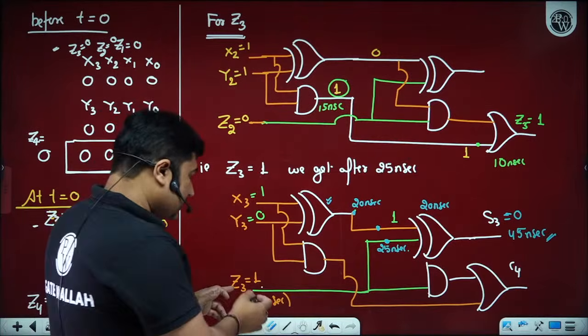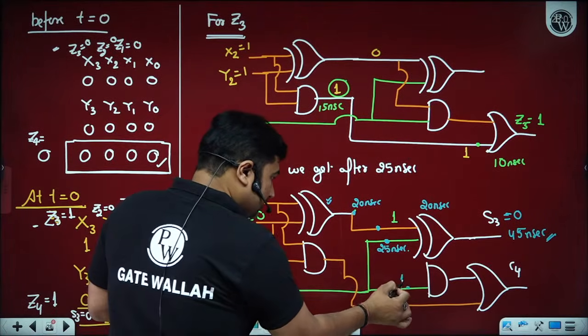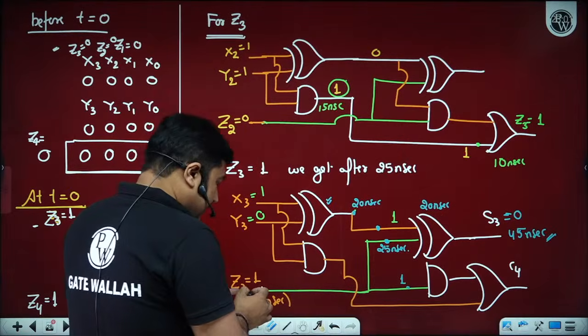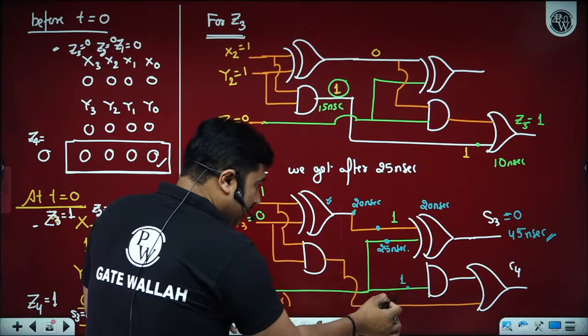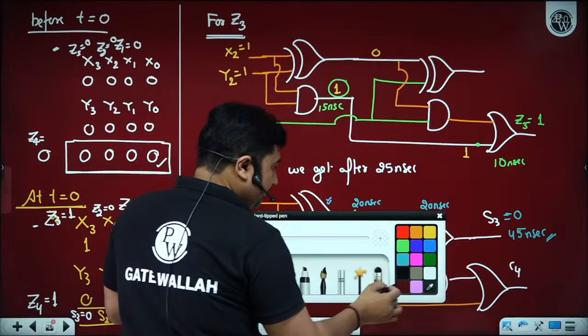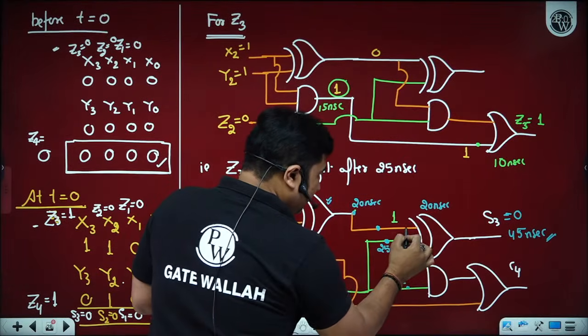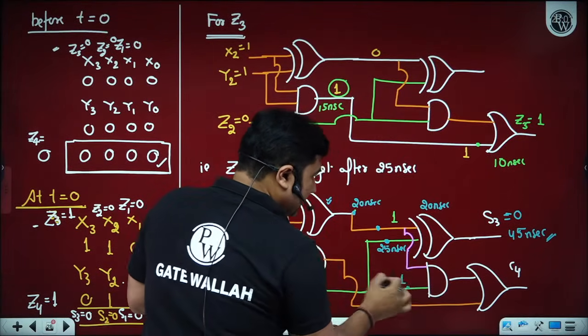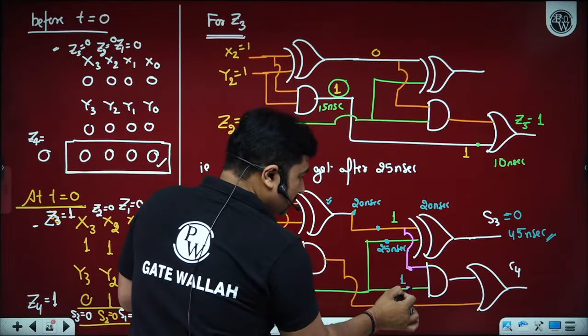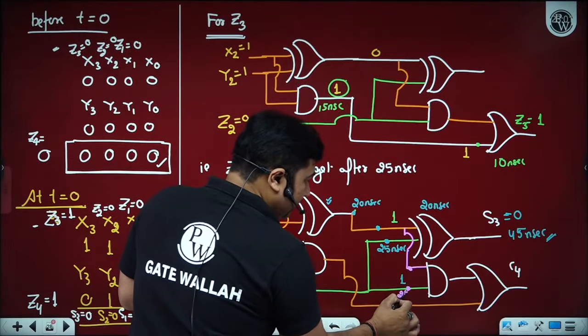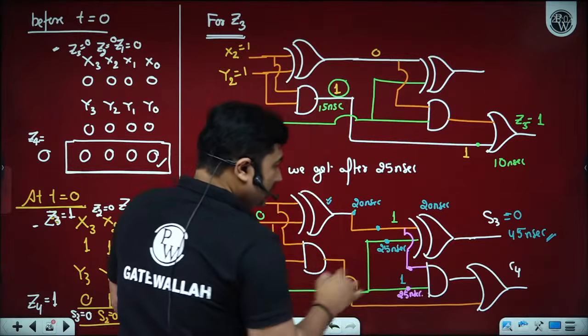And if you observe, we have this logic level 1 post 25 nanoseconds, and this we have available post 20 nanoseconds. So out of these two, this will be available post 25 nanoseconds. Is it okay? Yes, sir.